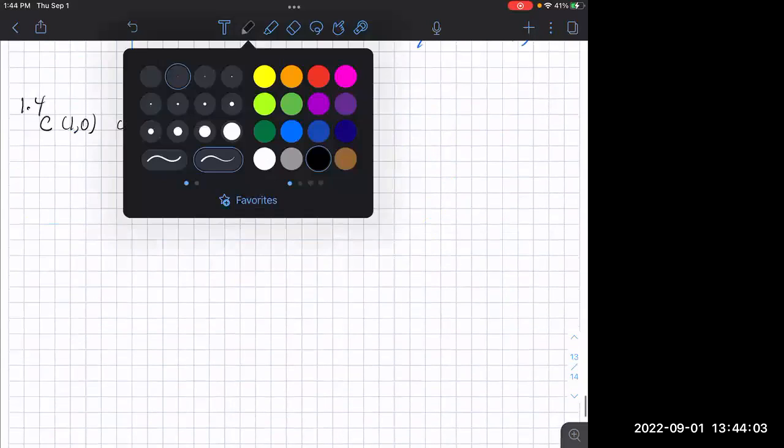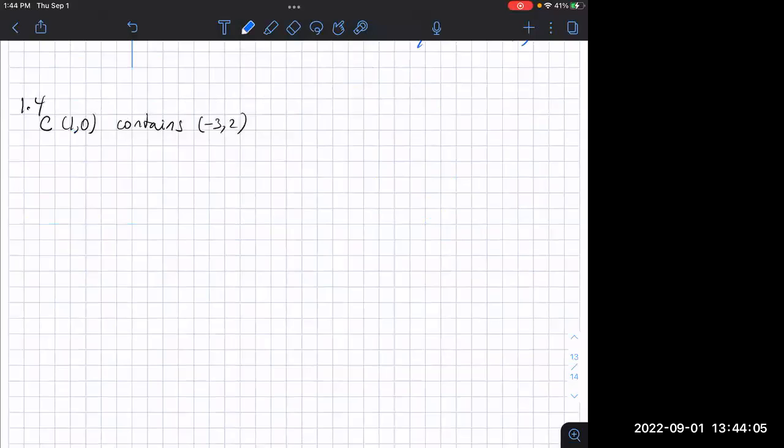Okay, so I think I can do this one if it's that way. I just didn't understand the question. So if the center is (1, 0), then (−3, 2). Actually, let's make it smaller. So the circle will look something like this.